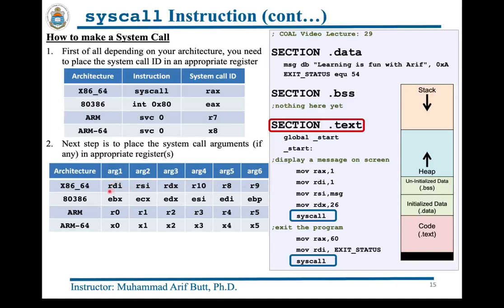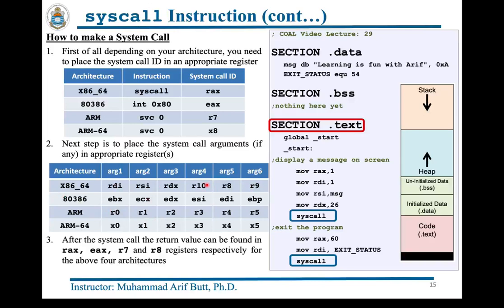The first argument needs to be passed in the RDI register, second RSI, third RDX, fourth R10, fifth R8, and sixth R9. So these are the 6 registers in sequence in which you need to place the arguments that you want to pass to your system call in case of x86-64 architecture. I have also mentioned the registers for other architectures, but we are just interested in this.